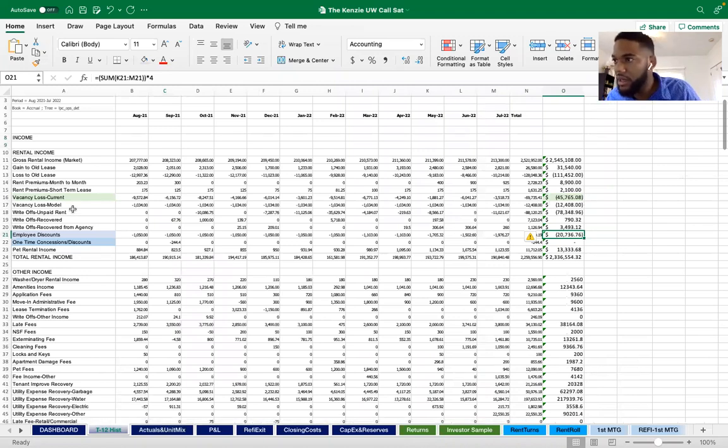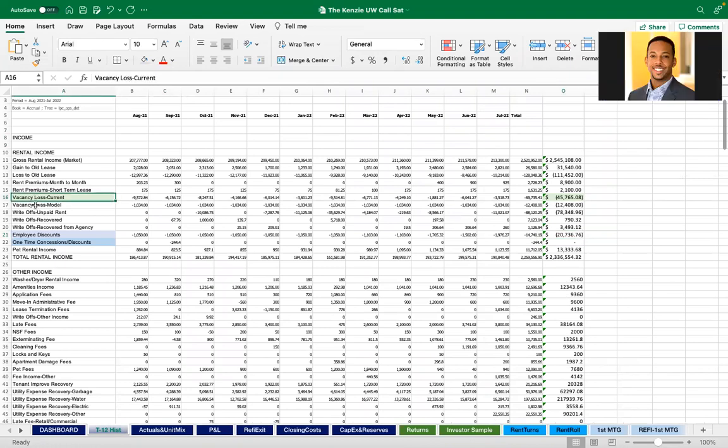All right, so let's do loss to lease now. Hey Eddie, sorry, this is Charles. Would vacancy loss be a part of vacancy as well, or do you leave that separate? Line 17 that you were thinking about putting in concessions. Line 17, vacancy loss model.